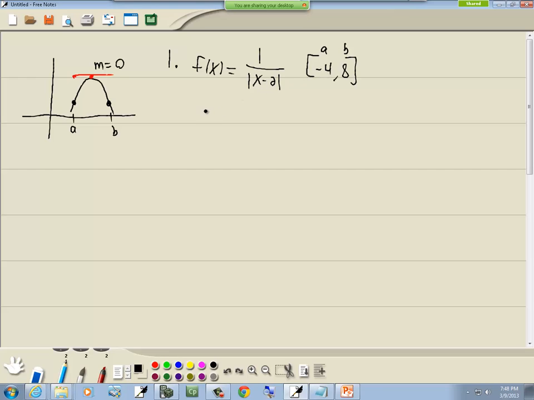But if I set the denominator equal to 0, that gives us x minus 2 is equal to 0, which gives us x equals 2. So this is undefined at 2. And 2 is between these endpoints. When I was looking at that, I was thinking it wasn't between them. So it's not continuous here. So it's discontinuous. That's why it doesn't fit Rolle's theorem.